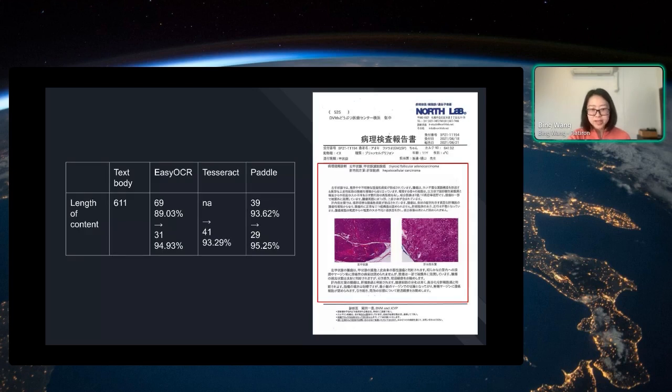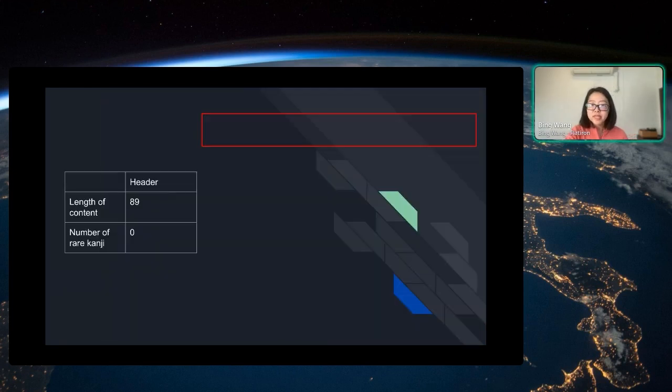For the text body, Tesseract still made some mistakes, but at least it was able to create a text body that is recognizable to me. NA here just means that the converted texts are not readable, so there's no point calculating the accuracy rate for the documents. Okay, move on to the next one.